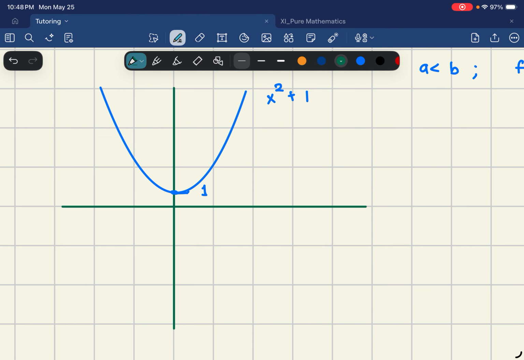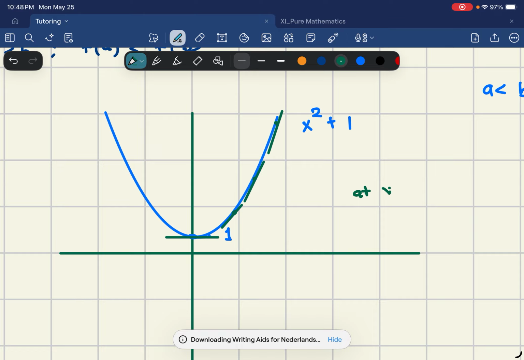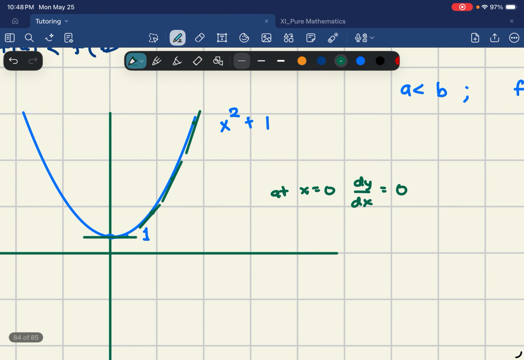So in this function, so I'm so sorry about this. Okay. If you draw your tangent line here, right? If you draw your tangent lines after x is equal to 0, so at x is equal to 0, your tangent line is going to be flat. So at x is equal to 0, dy by dx is going to be 0, right?